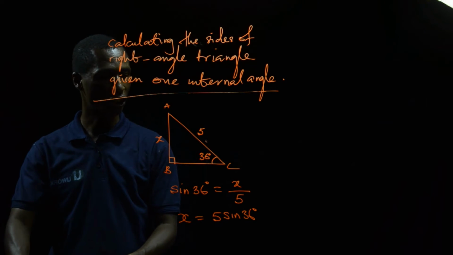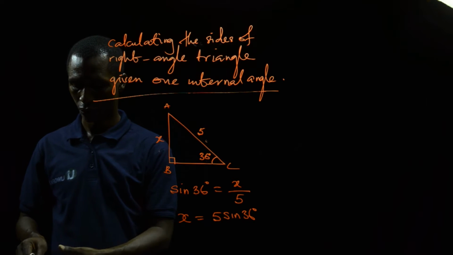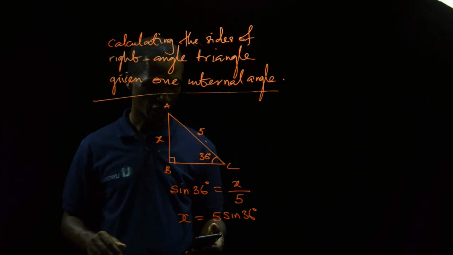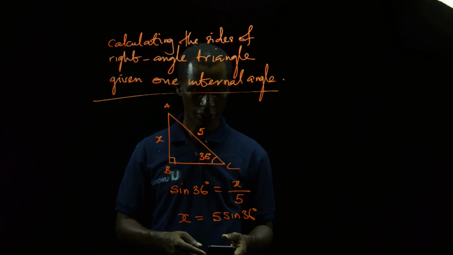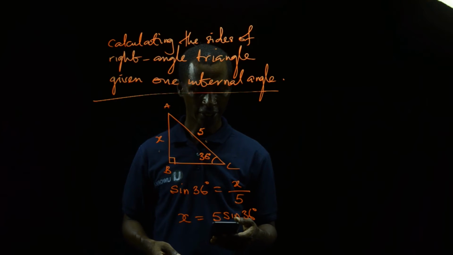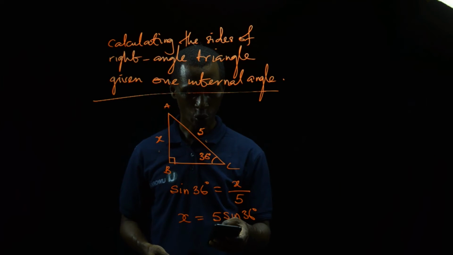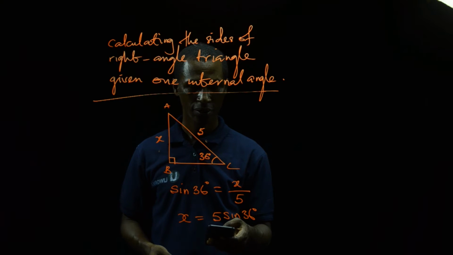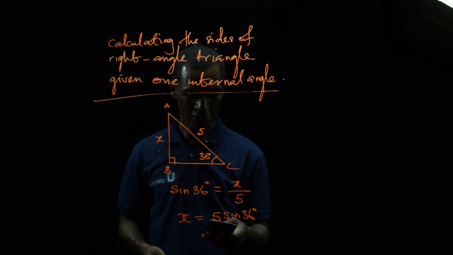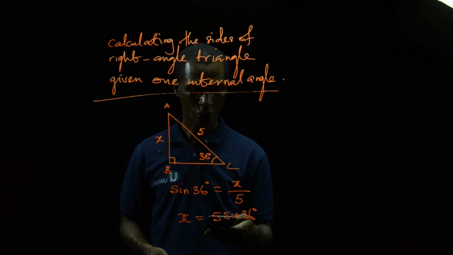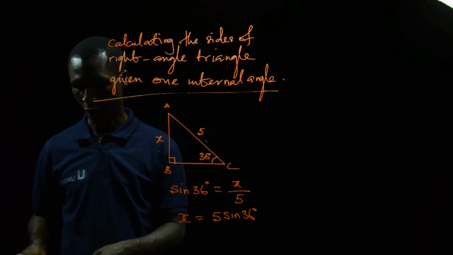Now this is calculator work. So you just point your calculator. This is my calculator, so I just point x, or the figure there is what, 5. So you point 5, then you go to sine, then you add 36, you close your bracket, and you are going to get 2.9, approximately 3.